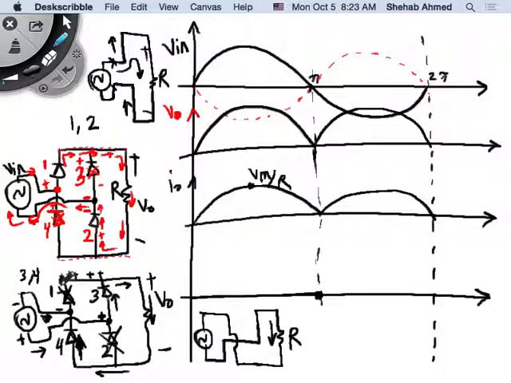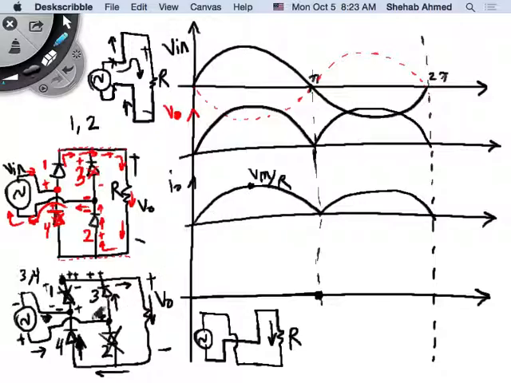So it's seeing the supply voltage placed across it. It just depends on the polarity we decide for the diode, right? If we say that this is the positive and this is the negative, then it sees the opposite of the supply voltage. If we say this is the positive and this is the negative, it sees the supply voltage. Does not really matter, right?